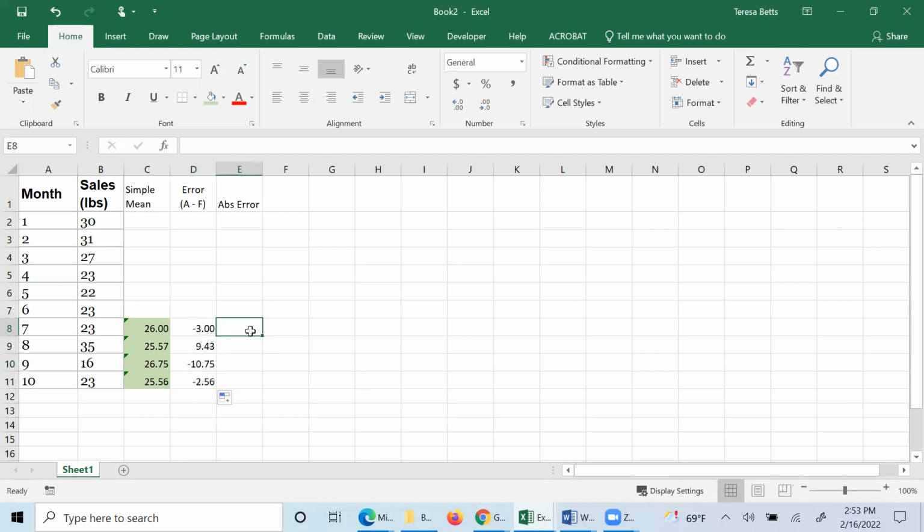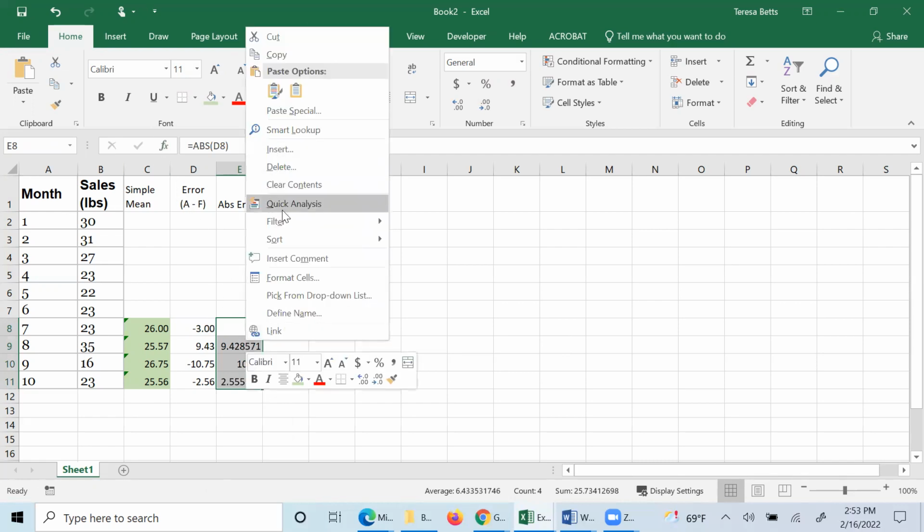There are my errors, and then I need the absolute value of those errors. I'm just going to do ABS, boom. Again, we're going to format these cells to be 2 decimal places.